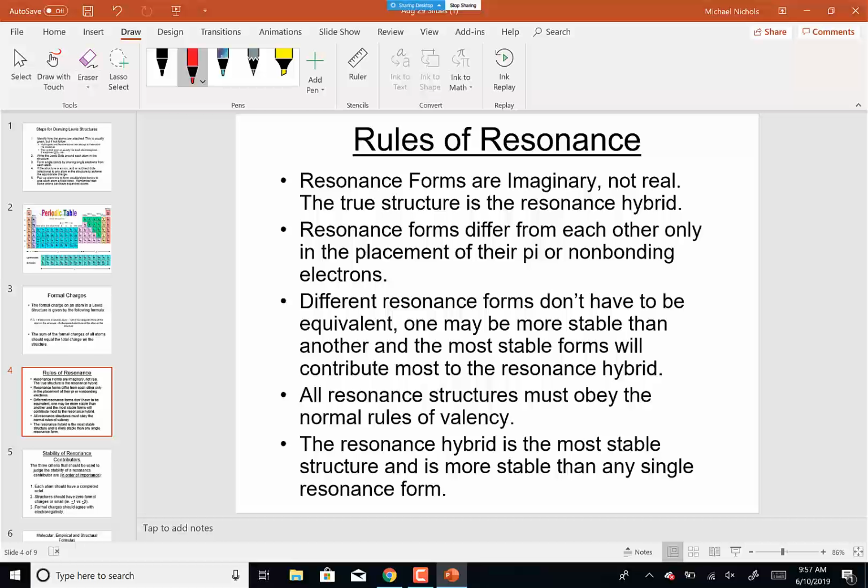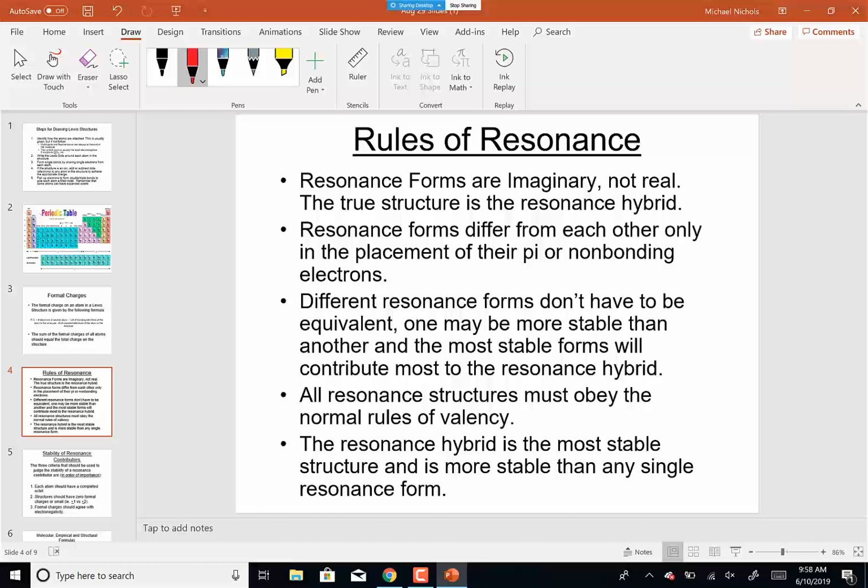Resonance structures are imaginary. We'll come to the resonance hybrid in a minute. Number 2, resonance forms differ from each other only in the placement of their pi or non-bonding electrons. Pi means multiple bonds, the double and the triple bond. Different resonance forms don't have to be equivalent. One may be more stable than the other, and the most stable forms will contribute to the resonance hybrid. We'll get to that in a moment.